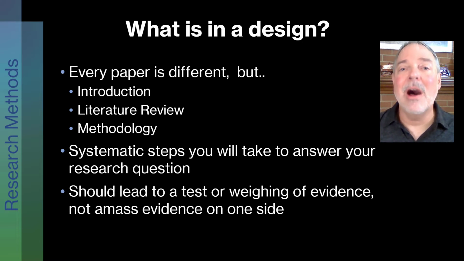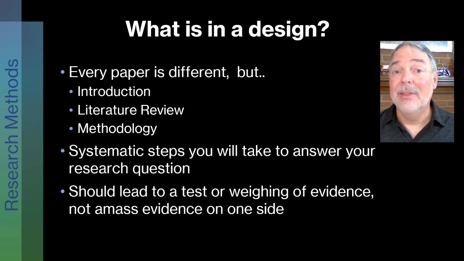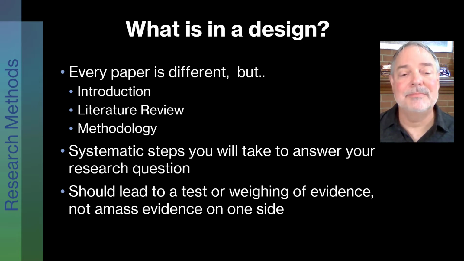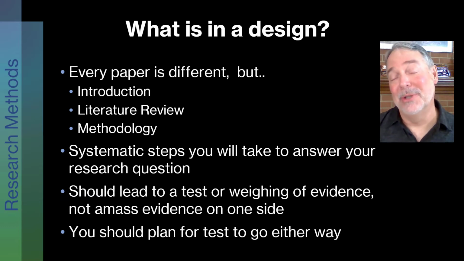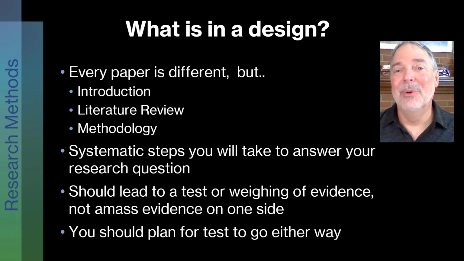That you've in fact honestly weighed the evidence to then come to an empirical finding that gives you a way to make an inference about the final product or the final question. You must plan for your test to go either way, or you should at least. And you want to make sure that if you find that your hunch is wrong, it's not "duh." We all knew, right?